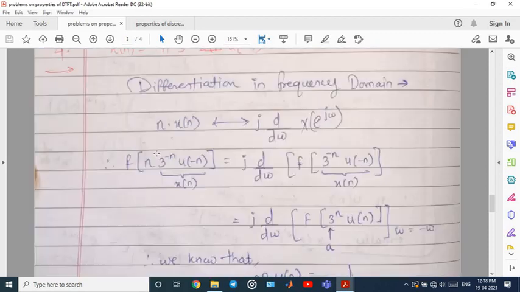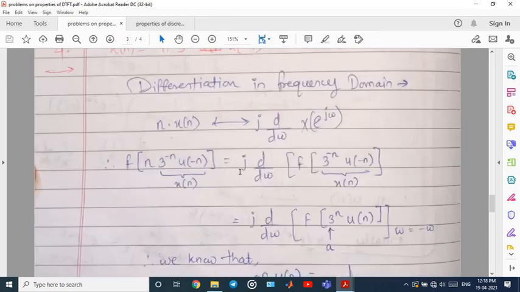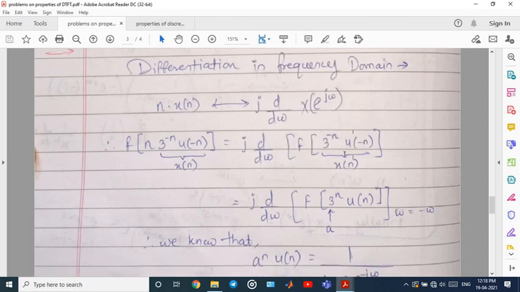This is a constant term associated with x of n, and this is your x of n. It equals j as it is, derivative means d by d omega, and F means the Fourier transform of x of n. Now we are going to take this Fourier transform of x of n.